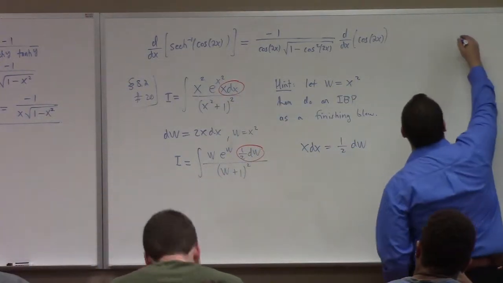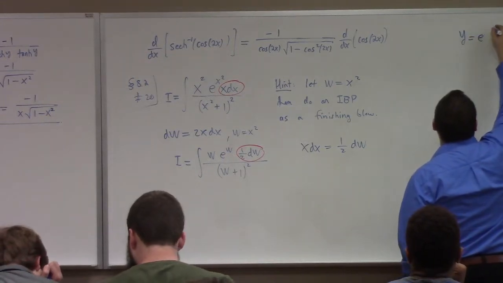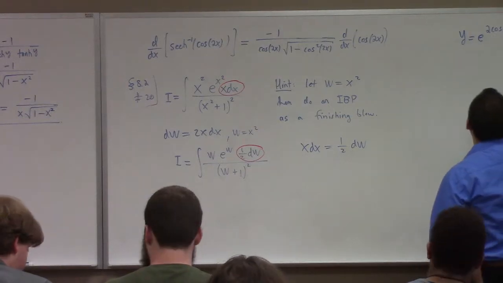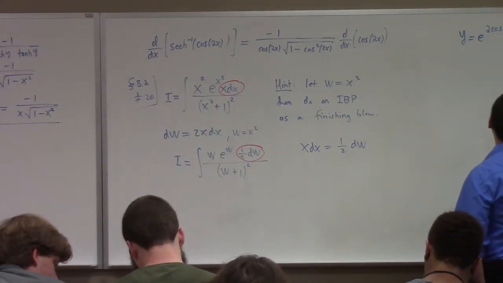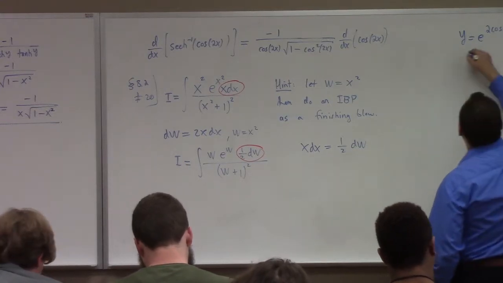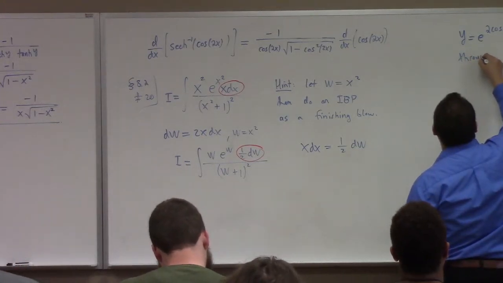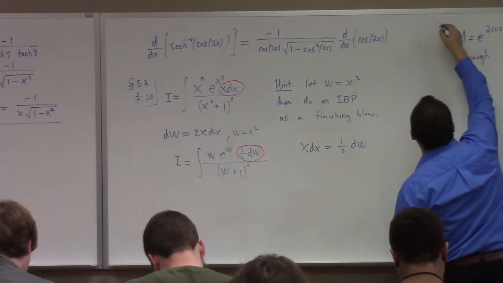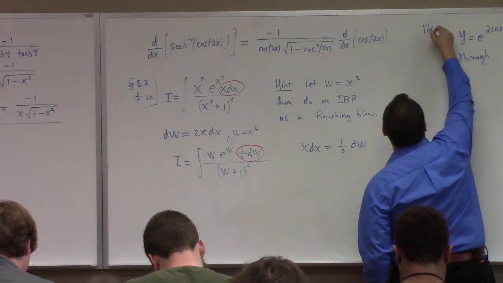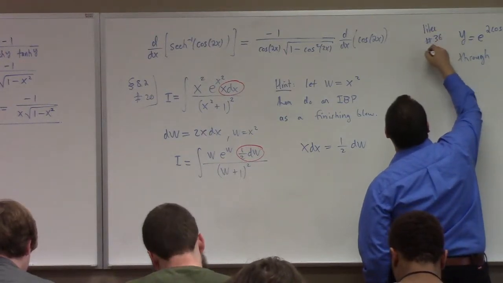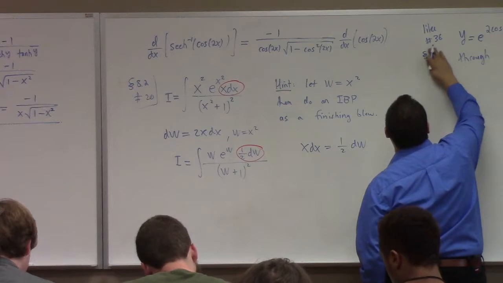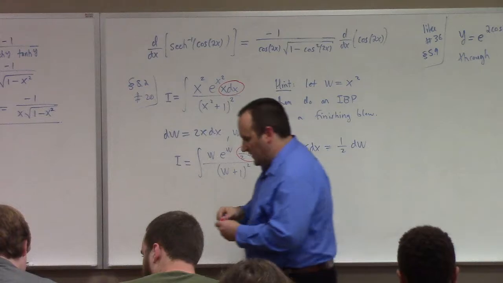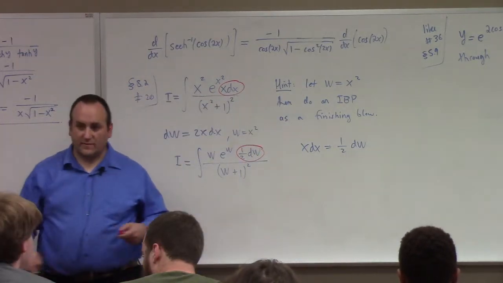So I'll do it for y equals e to the, I don't know, 2 times the hyperbolic cosine of x, so I don't do your problem exactly. Find the tangent through 0, comma 1. So this is like number 36 of section 5.9. This is not the same problem, but it's a similar problem, right? So the question is, how do you find the tangent line to a function, right?